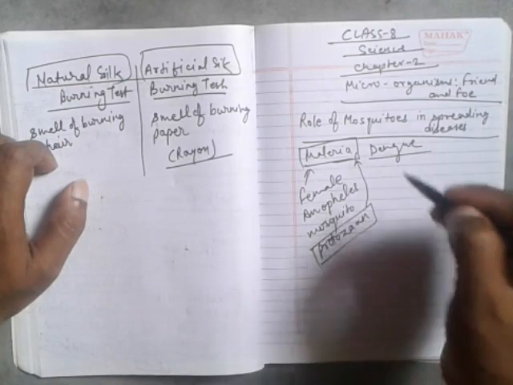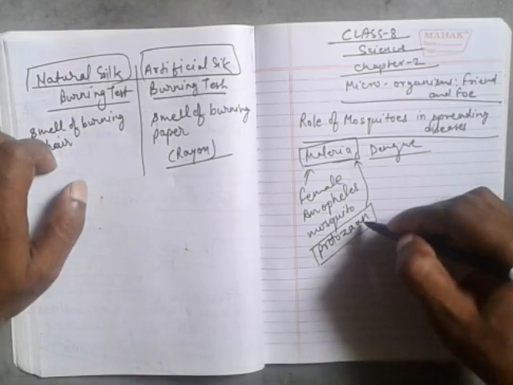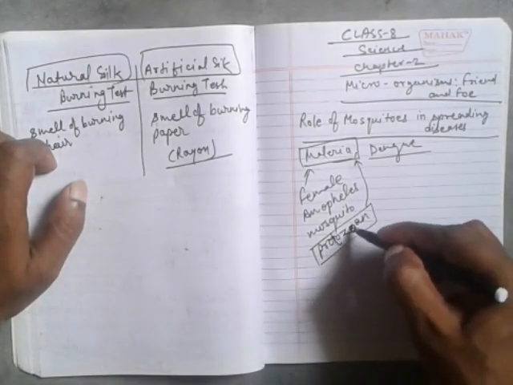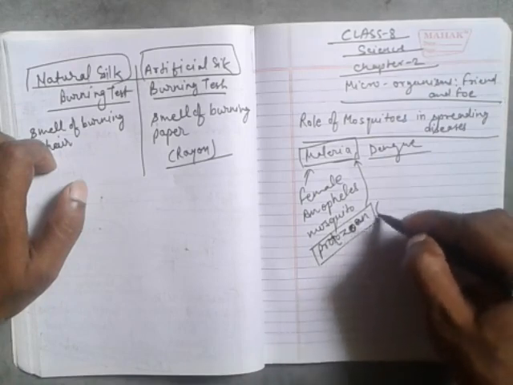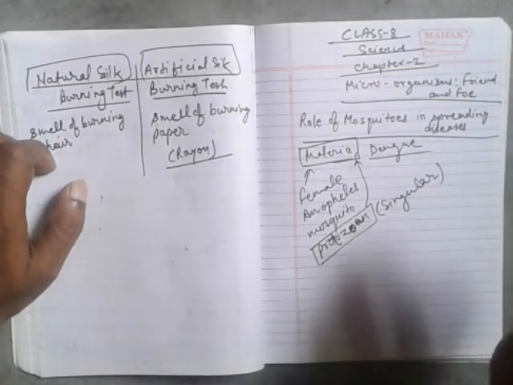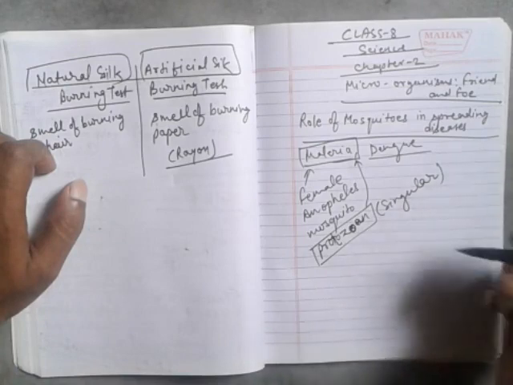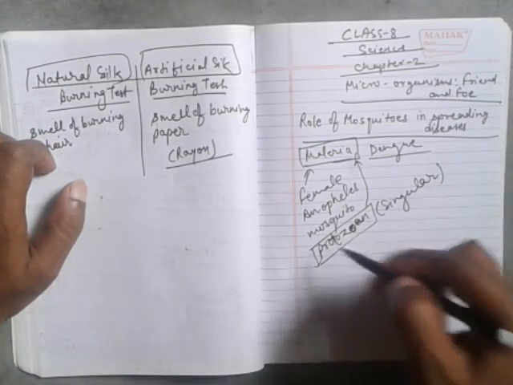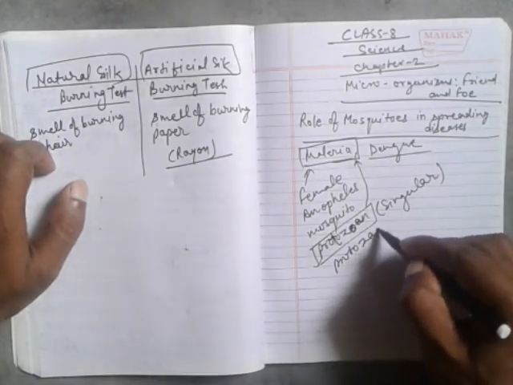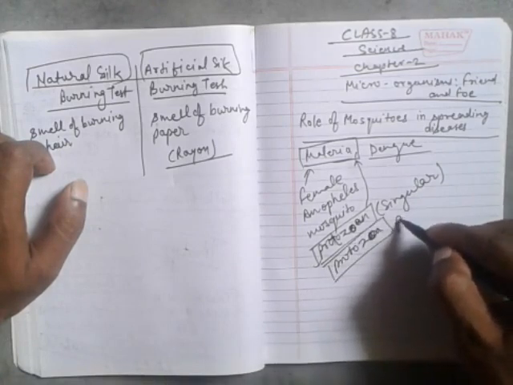Malaria is basically spread by a microorganism which falls in the category of protozoa. There are 5 varieties of microorganisms, in which protozoa is also a variety.